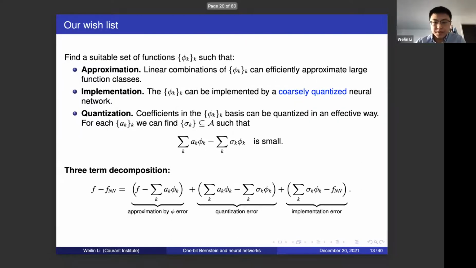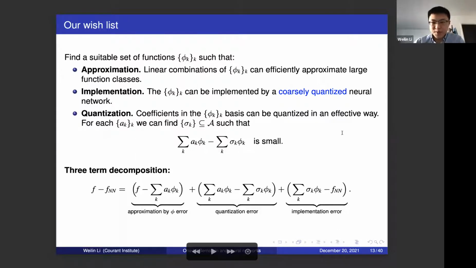We want these three requirements because this is exactly how we'll approach the analysis. We'll split the error between f and a neural network approximation into three terms: the approximation made by linear combinations of phis, the error made by quantizing the coefficients in the phi basis, and finally the error due to implementation, approximating the phis with a network.